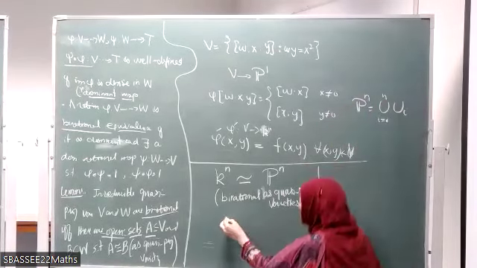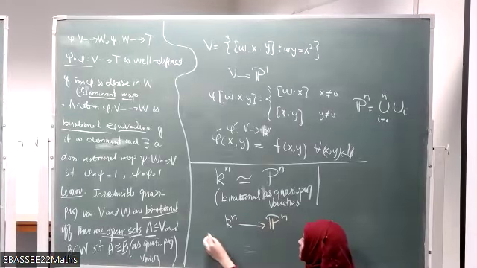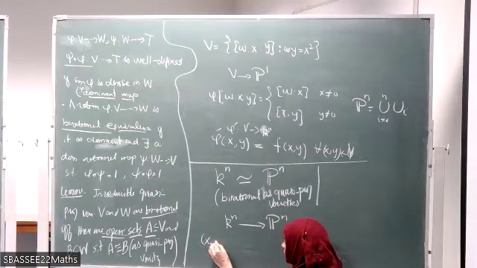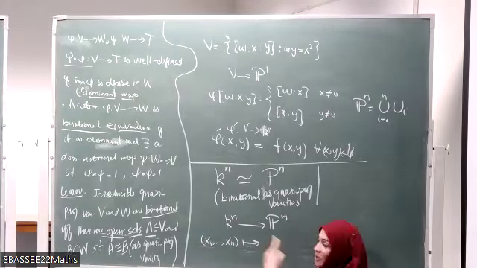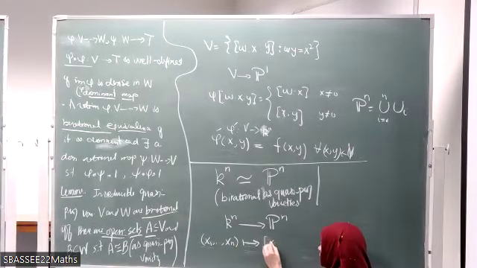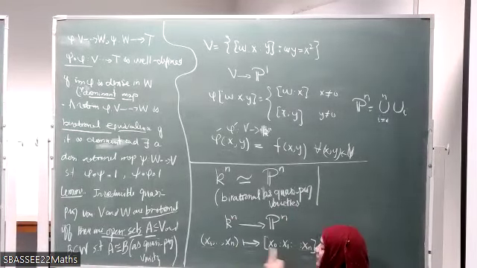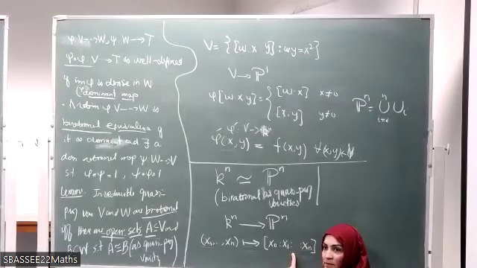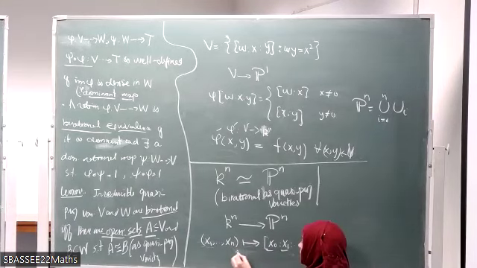We know that there is a trivial map from Kn to Pn, defined by the coordinates x1 up to xn, which we homogenize, getting x naught as the new variable. And by definition, it is a regular map. You can see the definition again, and these are just polynomials, so that's why this is a regular map here.